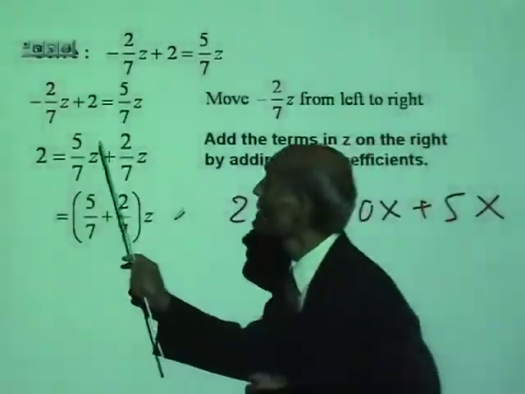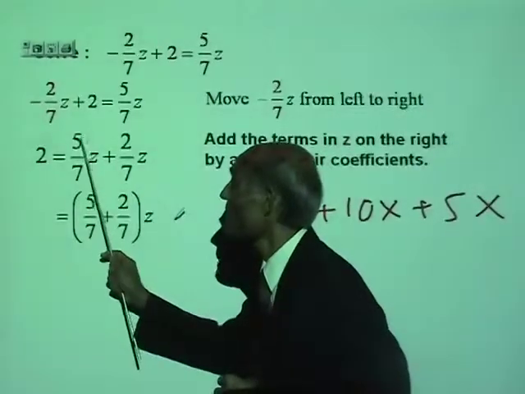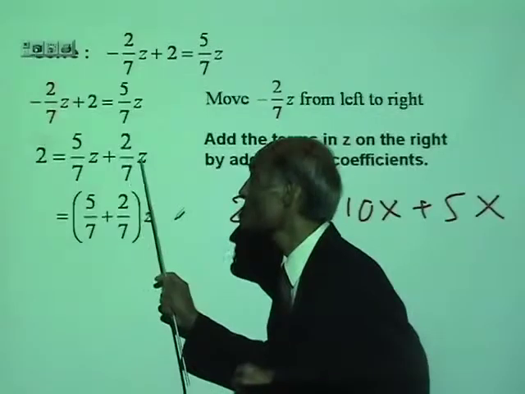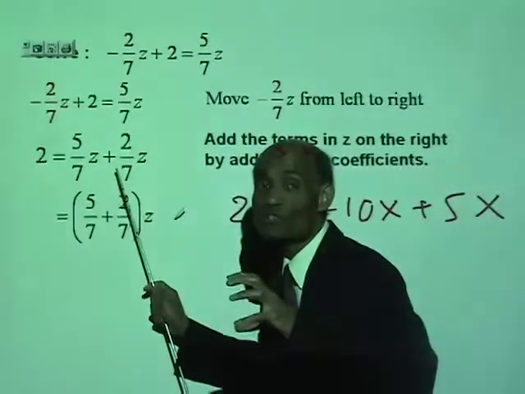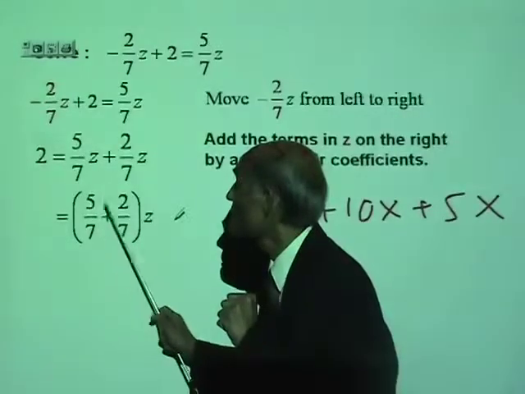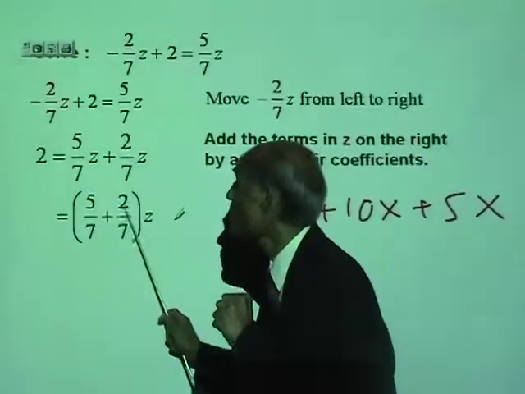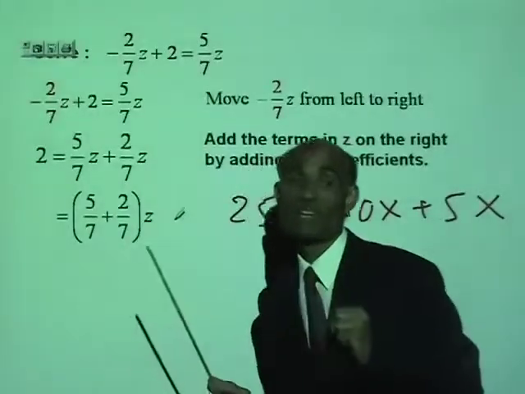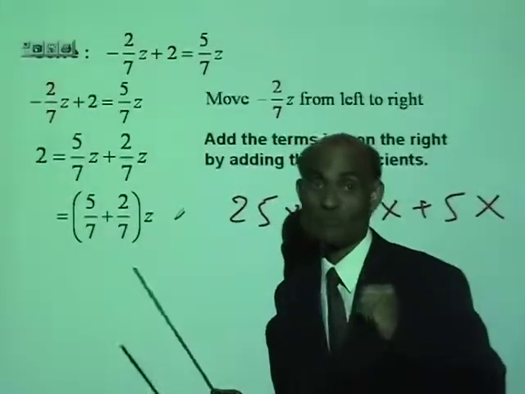In the same way, to add 5 over 7z plus 2 over 7z, all we need to do is add the coefficients. Add 5 over 7 plus 2 over 7, and that many z's is what we have. Is that right? Okay.